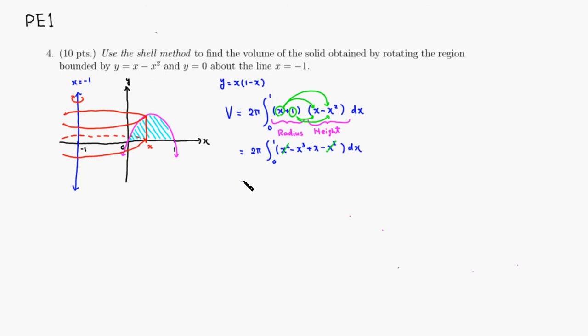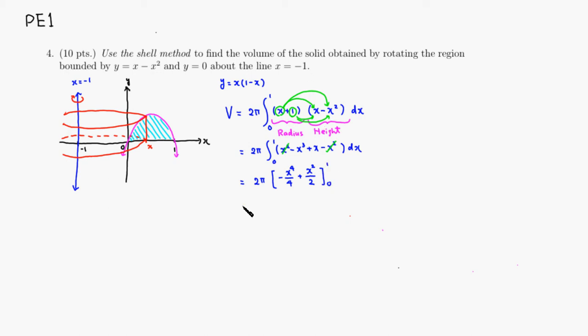Then we can just use the power rule to find the antiderivative. So you have a 2 pi times, the antiderivative of negative x cubed, which would be negative x to the fourth, adding 1 to the power and dividing by that power, so over 4. And plus, adding 1 to the power, x squared, and divide by 2. Then you're going from 0 to 1.